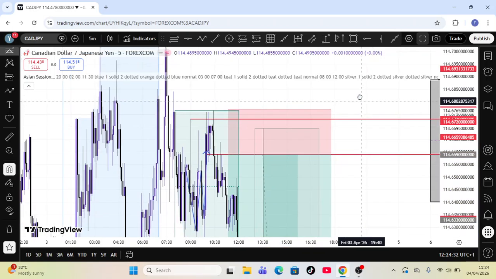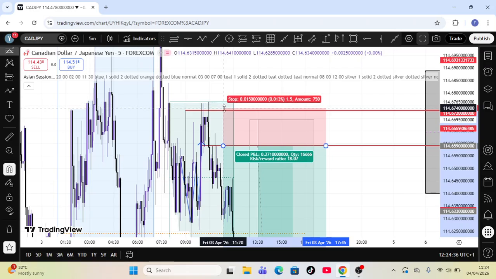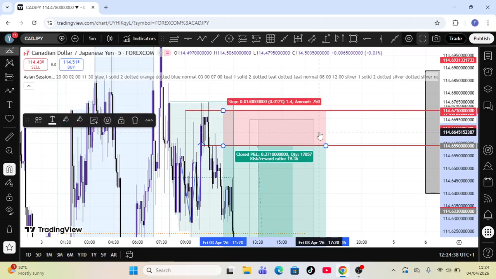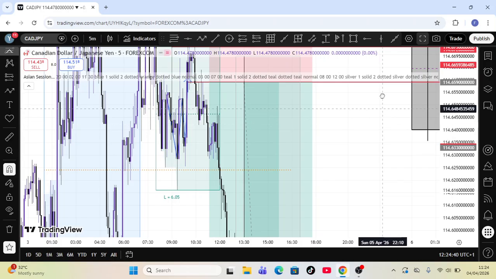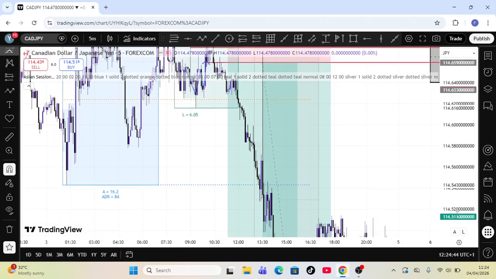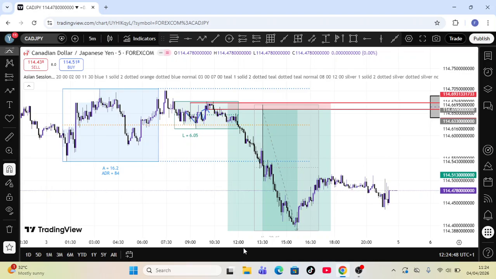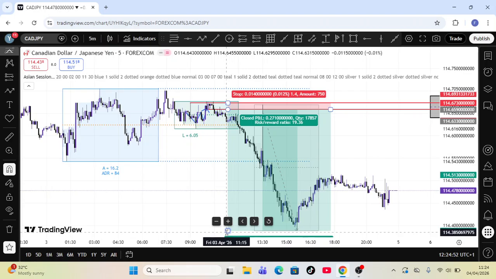But I was able to catch 1 is to 1.5 before market moved in that direction.